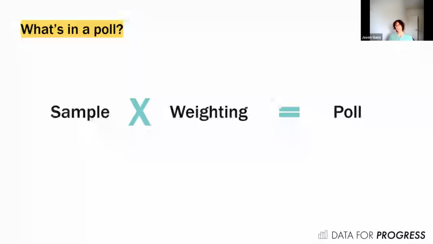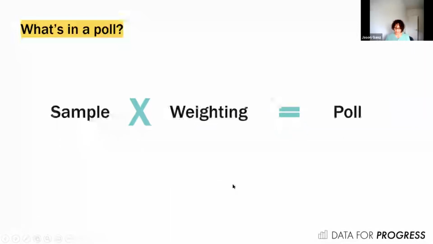But to get to that outcome, there are a lot of really complicated and thorny issues that you have to determine, which come down to two things. There is your sample, which is the actual raw data that goes into your poll. And then there is the weighting of the poll, how you ensure that your raw sample is transformed to be representative of the population you're trying to target.